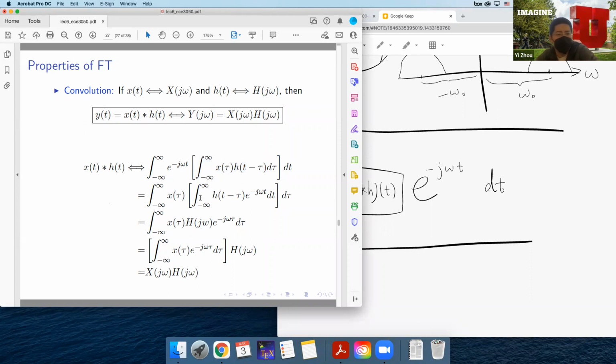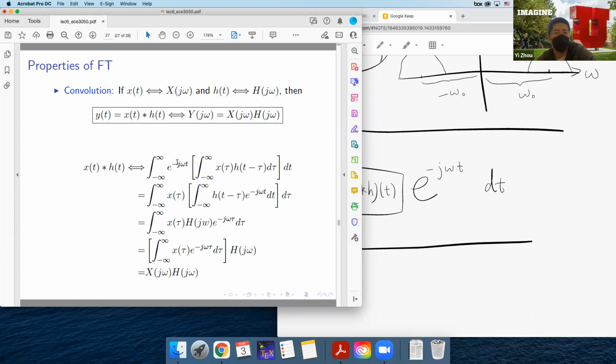Now what we do here is that inside we are integrating over tau, outside we are integrating over t. First of all, I switch the order of these two integrations. So now I have dt followed by d tau. And because I switch their order, I can leave x(tau) outside, because inside we are integrating over t, so x(tau) is a constant.